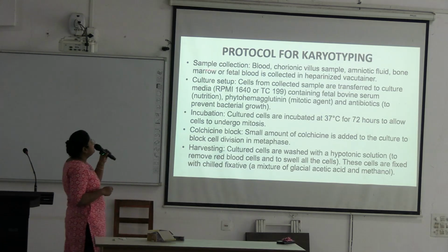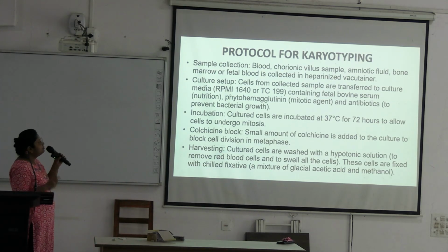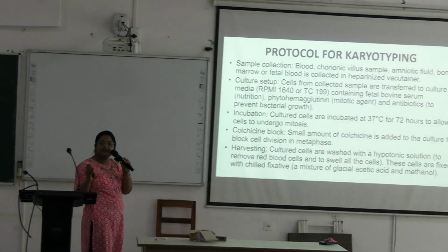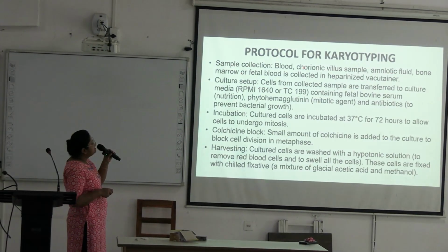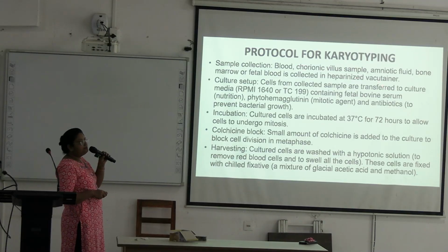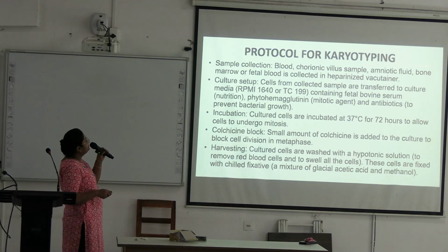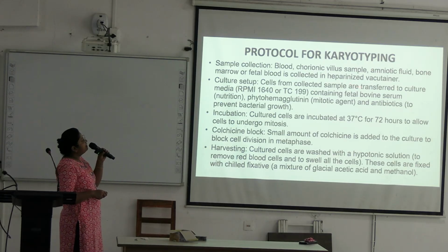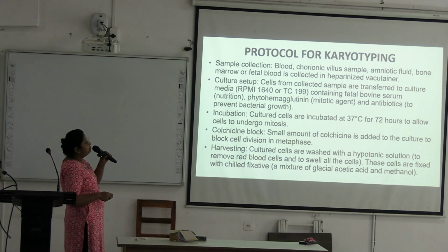So first, sample collection. Which samples are collected? All of these samples can be collected: blood, chorionic villus sample, amniotic fluid, bone marrow or fetal blood, collected in a heparinized vacutainer.